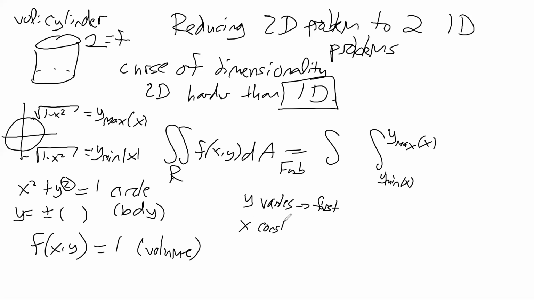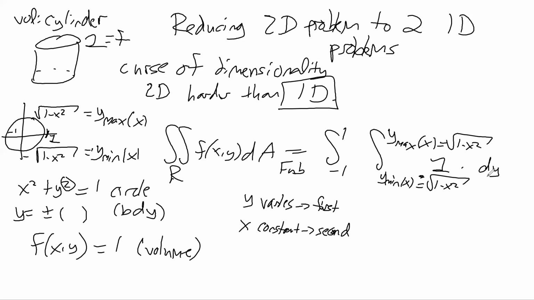And x is constant. Right, so 1 and negative 1. So that means it's second. So let me just put down what the limits are. And then the inside is 1. And remember, y goes first. So we have dy. That's the first integral. And then on the outside, we need dx. Okay, so now we set out the integral.